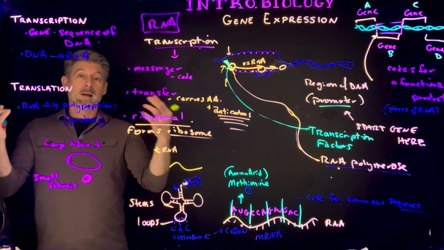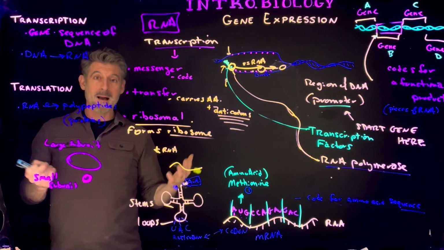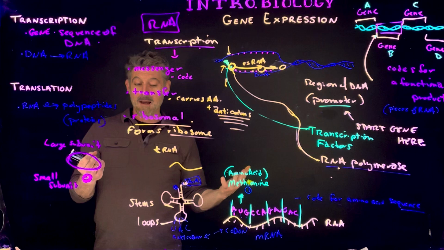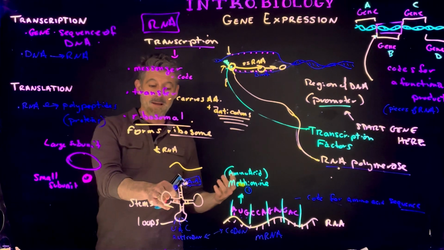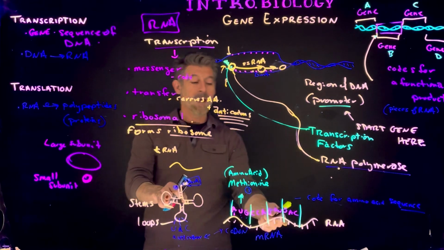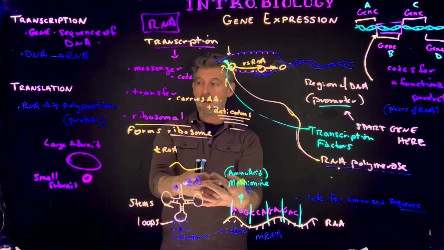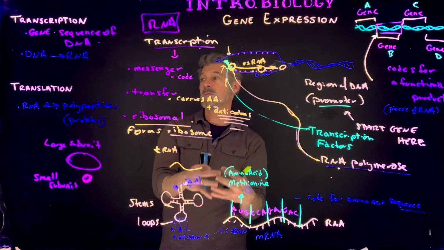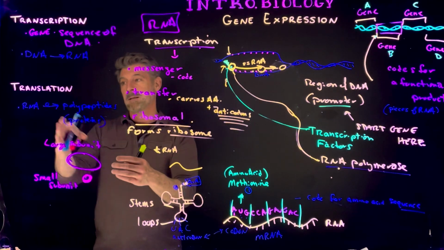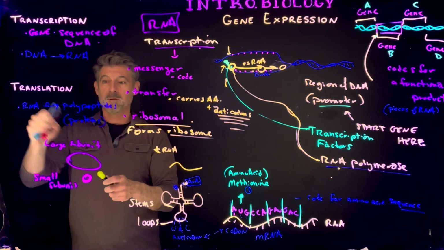The large subunit has components that are like a massive enzyme to carry out chemical reactions. And it has specific binding sites for the transfer RNA and the messenger RNA. So it's actually how all these things fit together. And so what we're doing right now is beginning the next process, the translation process.